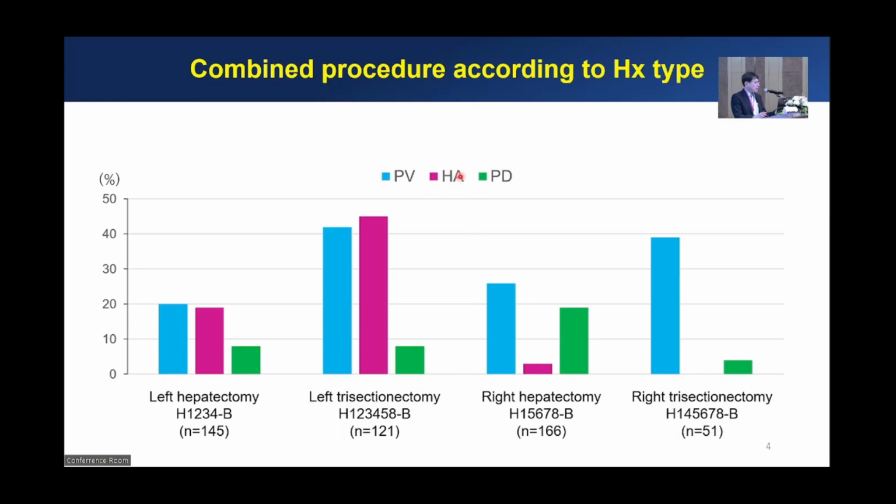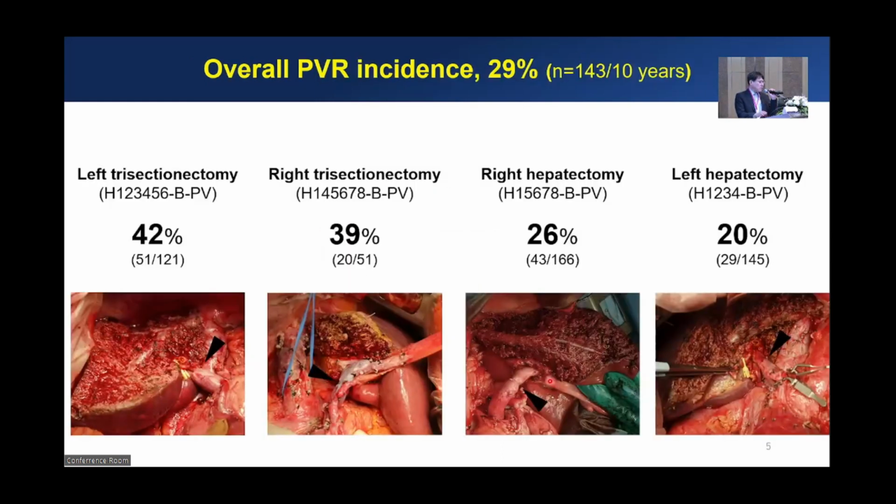And hepatic arterial resection is largely present in left-sided hepatectomy practice, and in right-sided hepatectomy, hepatic arterial resection and reconstruction is very rare. So to summarize, overall portal vein resection is needed in about 30% of hilar cholangiocarcinoma.